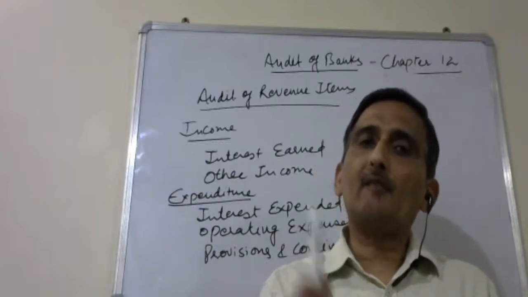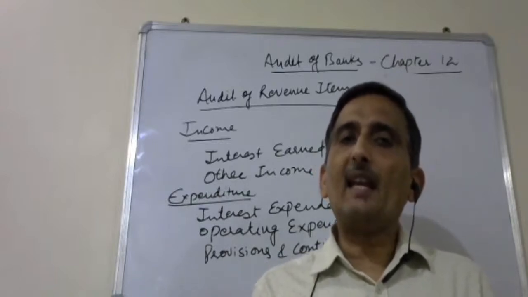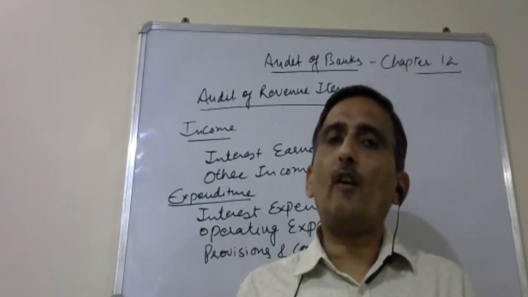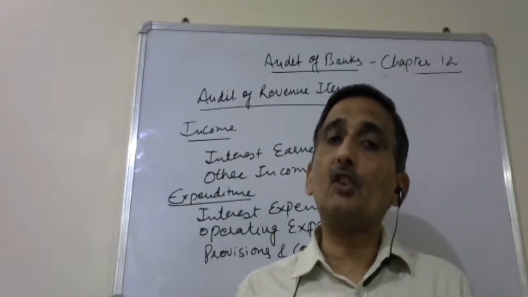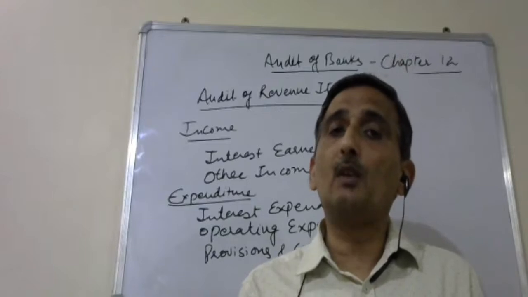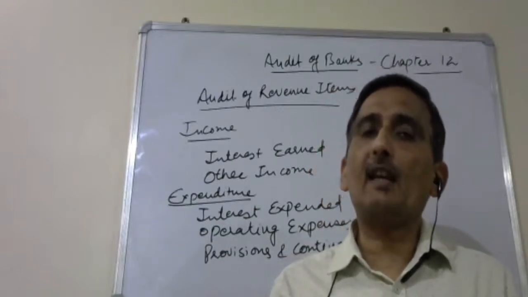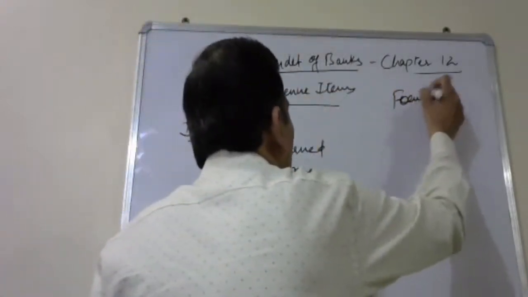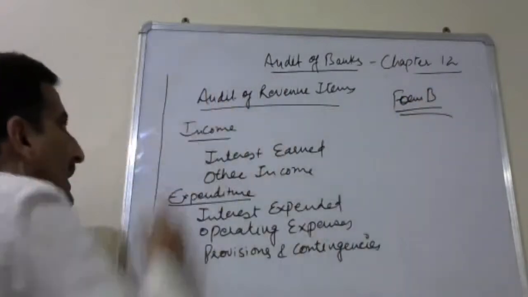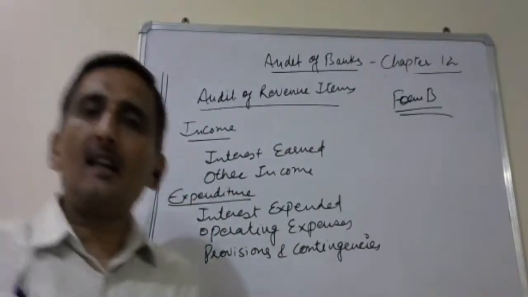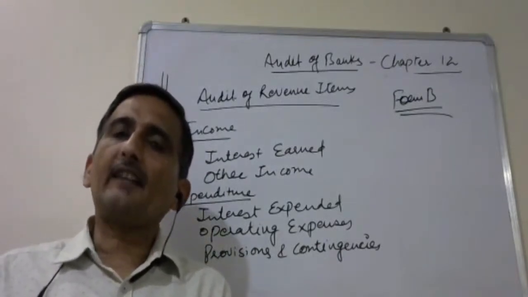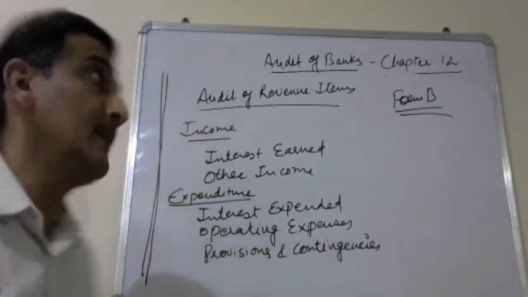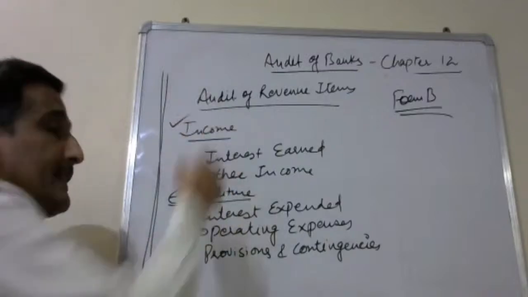So guys, remember we had learned at the beginning that profit and loss and balance sheet of a bank are prepared in accordance with the third schedule of the Banking Regulation Act 1949 and Form B. Form B prescribes the format of profit and loss.